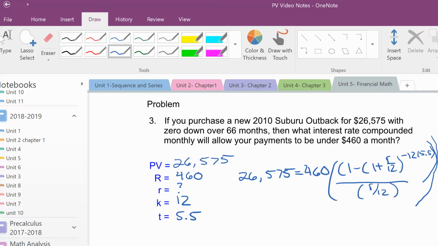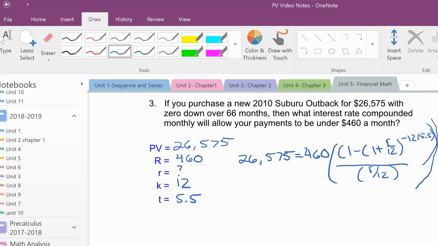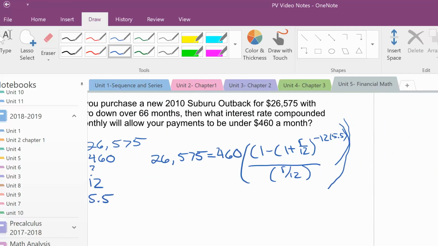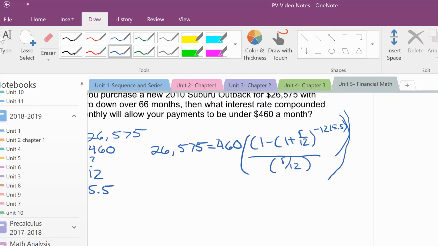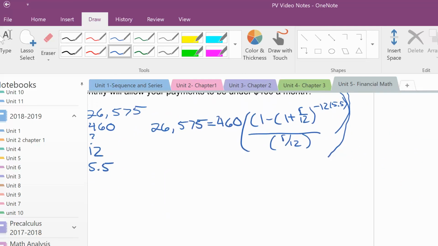Now this is one where you're trying to find the rate. Remember, when you're trying to find the rate in future value or present value, you're going to have to graph it in your calculator. So y sub 1 is the left-hand side, which is 26,575.